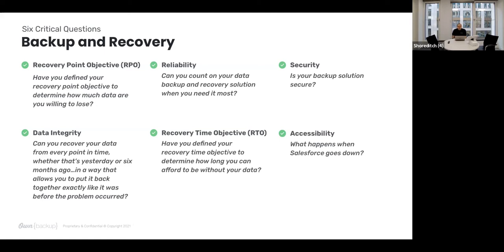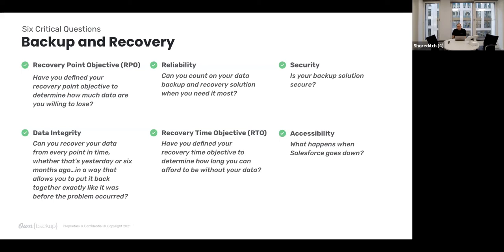Equally, when we've had Salesforce incidents more regularly, there's been a few more this year, people have been impressed that going into OwnBackup, they were able to get access to their data and continue as a business. And in one or two cases, we have customers that have replicated Salesforce orgs, and we were able to push the data straight into it and they kept going as a business until the incident was finished.